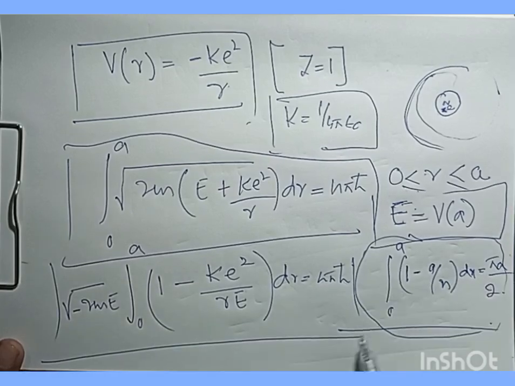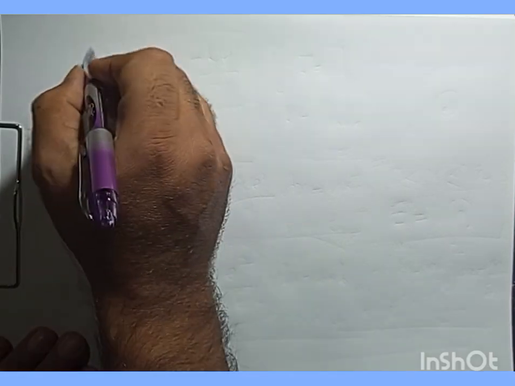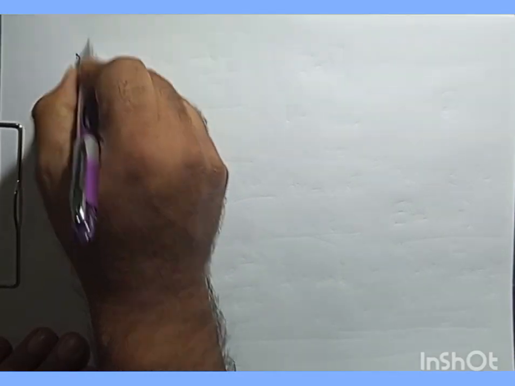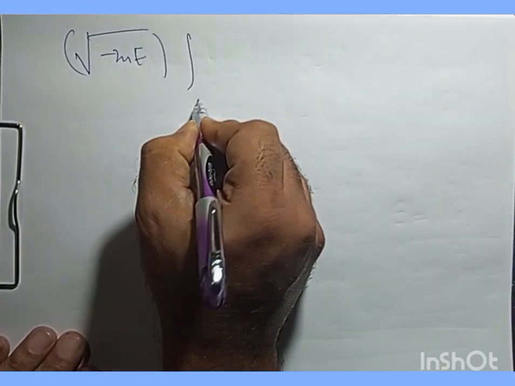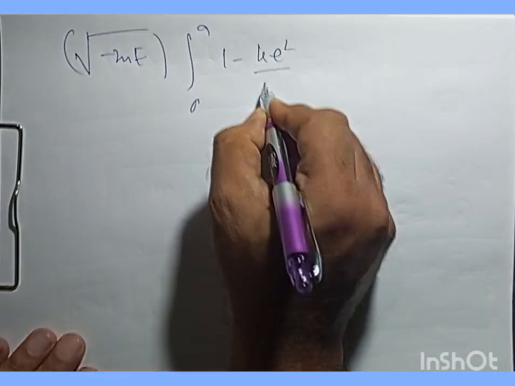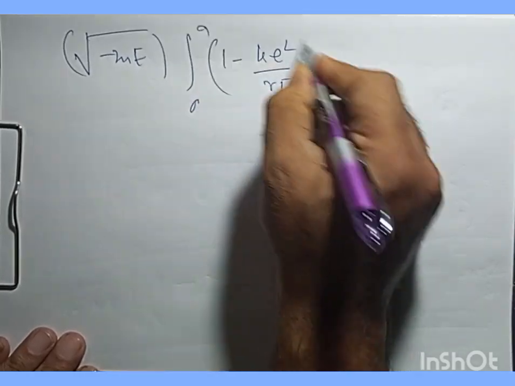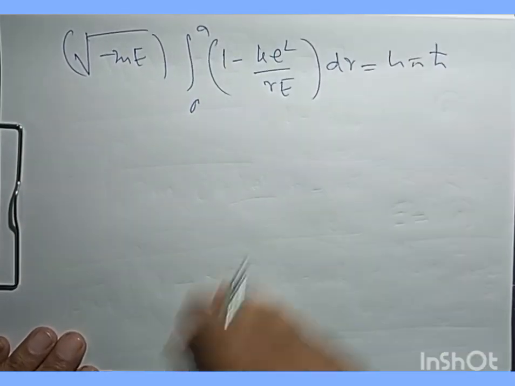Okay, so now let us see where we'll reach. Let me write it again. I have the square root of minus 2mE times the integral from 0 to A of (1 minus K e squared by rE) dr equal to n pi h bar.